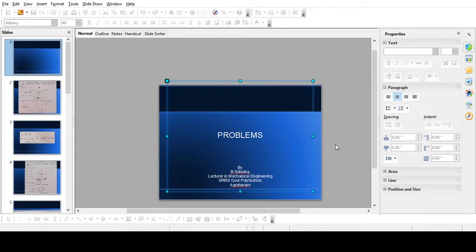During a tensile test, it was found that the longitudinal strain is 4 times the lateral strain. Calculate the modulus of elasticity and bulk modulus. If its elastic modulus is 1 into 10 to the power of 5 Newton per mm square, find the change in volume when the bar is subjected to hydrostatic pressure of 100 Newton per mm square.